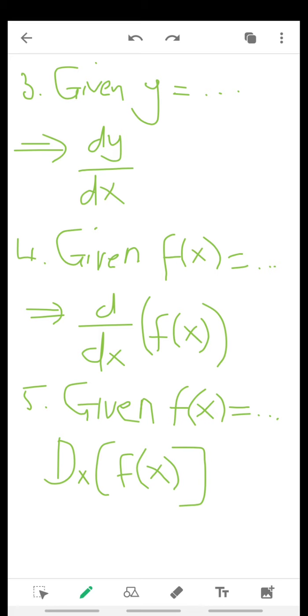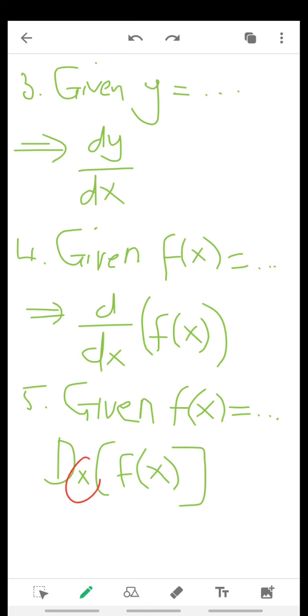Another thing that I want you to notice is, as we are having d over dx, what is the meaning here? I'm still deriving that variable in the denominator. Very, very important. So it means I can say to you, find d over dy f of x. So you'll be deriving y. So you always derive the bottom variable.